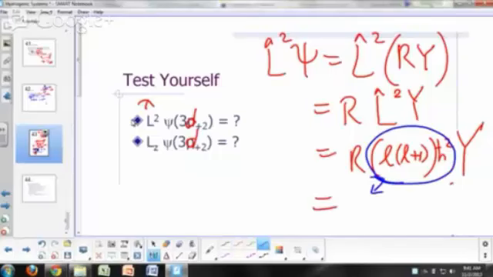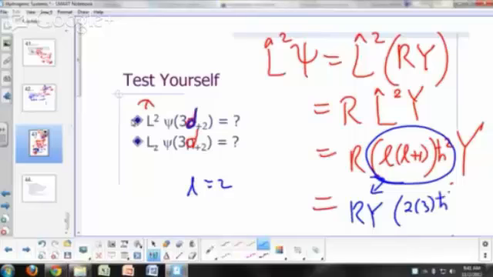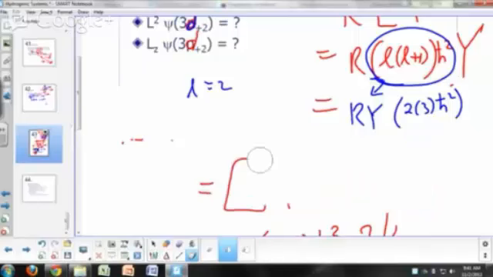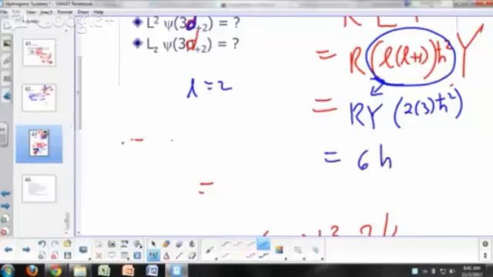That's just going to be equal to, in this case, for a d orbital, L equals 2. So R Y times 2 times 3 h bar squared. So that gives you 6 h bar squared, and R Y is just psi.